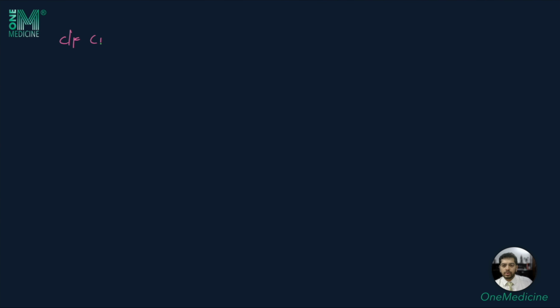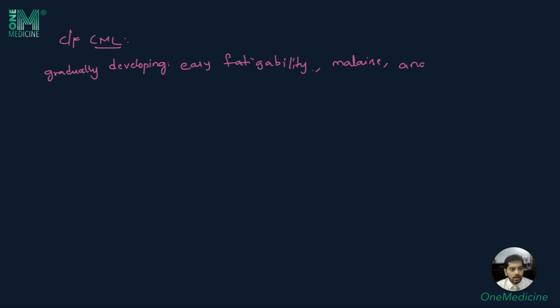Clinical features of chronic myeloid leukemia include gradually developing symptoms, easy fatigability, malaise, anorexia, abdominal discomfort, early satiety, usually due to the splenomegaly.